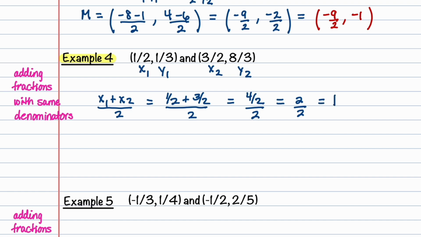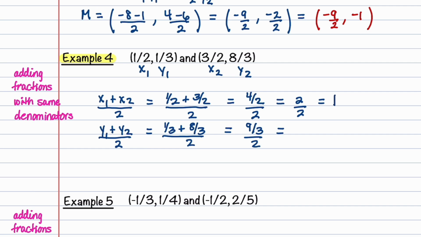Let's now do our y-coordinate. We have y1 plus y2. We're going to divide that by 2. This gives us 1/3 plus 8/3 divided by 2. 1/3 plus 8/3 is 9/3 divided by 2.